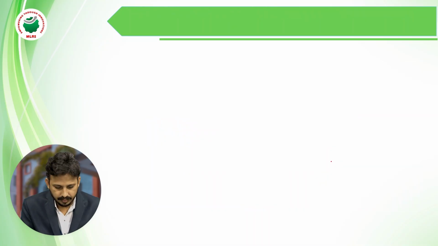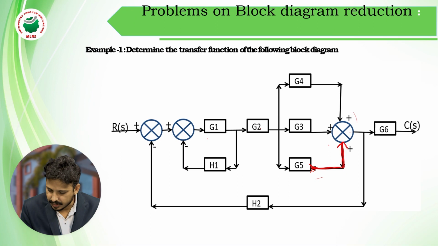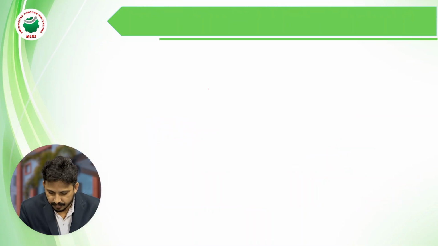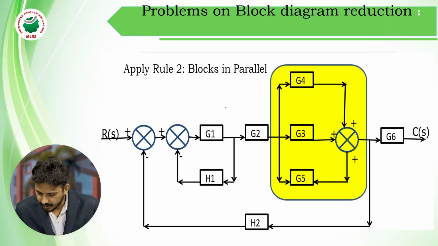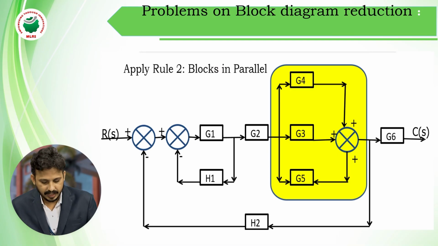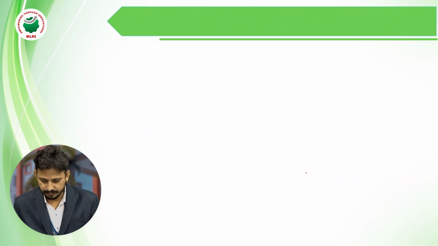Okay. So the resultant reduction of G3, G4 and G5 is G3 plus G4 plus G5. So in the next figure, I have to replace these yellow color blocks with G3 plus G4 plus G5.